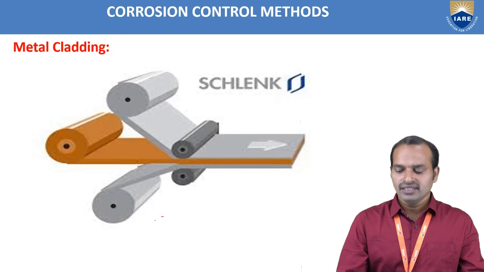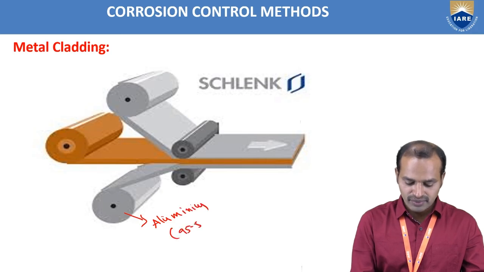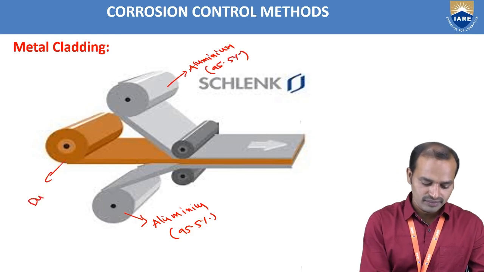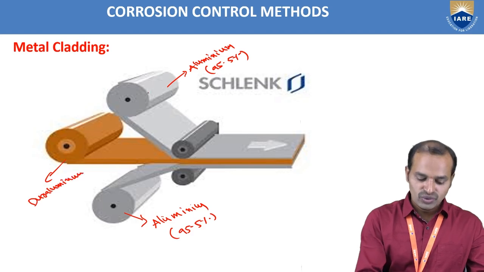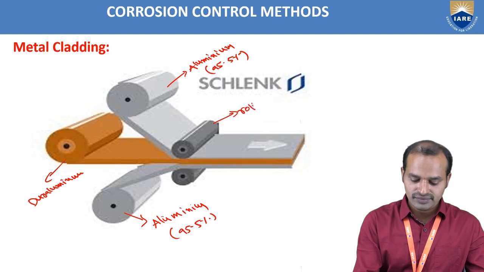In the metal cladding, this is the pure aluminum, that is 95.5%, and this is the aluminum, and this is the duraluminum. The duraluminum is sandwiched between the aluminum, and these are the rollers.